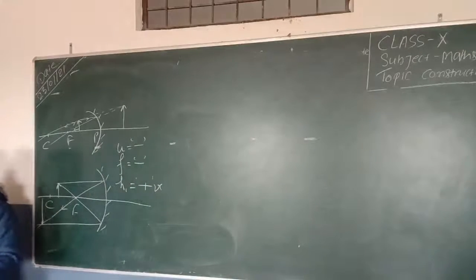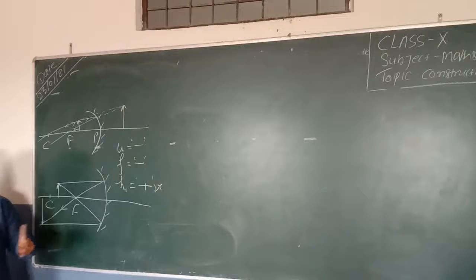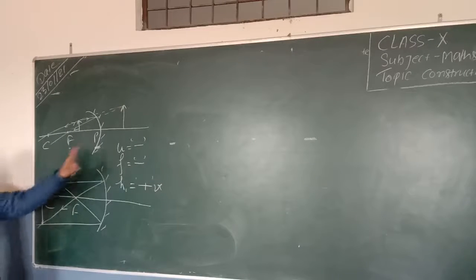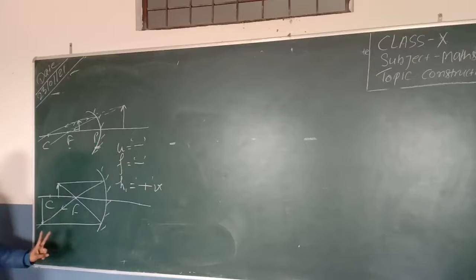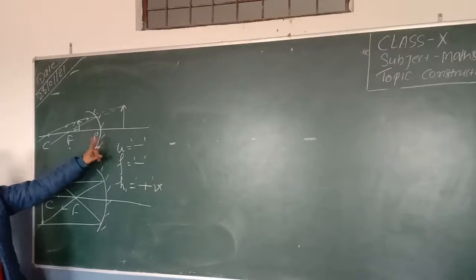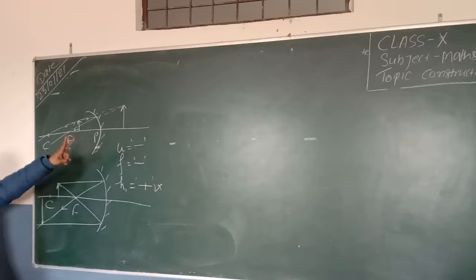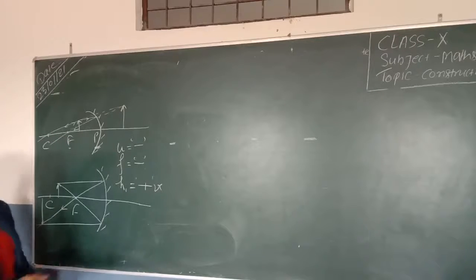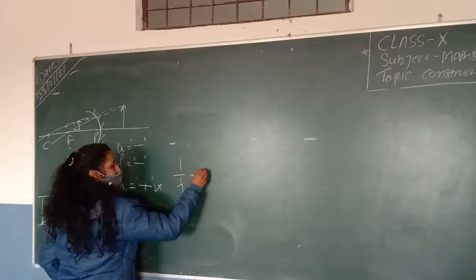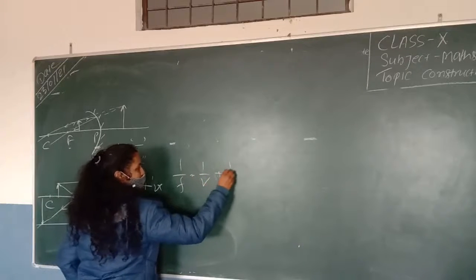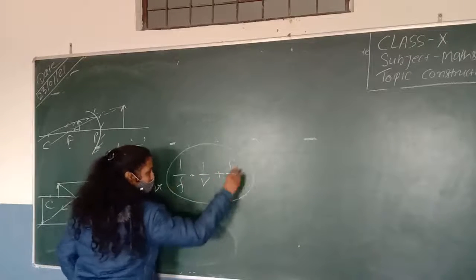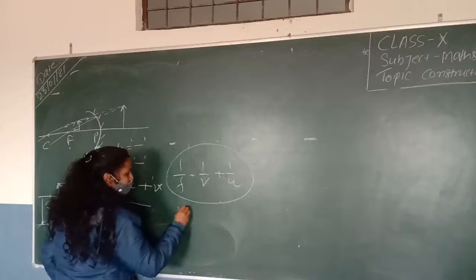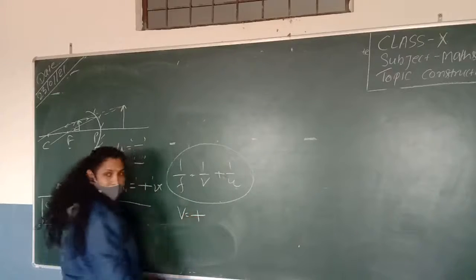But in terms of v and h2, since this concave mirror forms both types of images, virtual as well as real, in case of virtual image, should v be negative or positive? Positive. So if we are using the mirror formula 1/f = 1/v + 1/u, and after calculating, we find that v is positive.